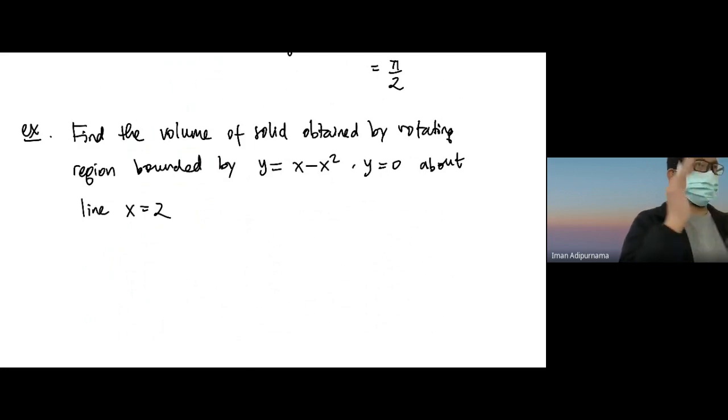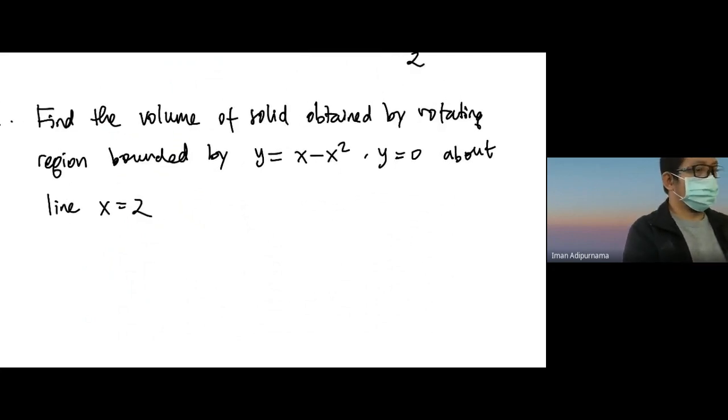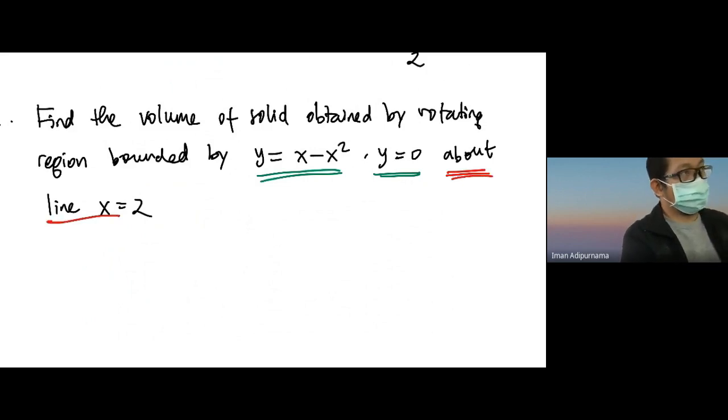Now, to be familiarized, I hope you're already familiar with typical volume questions. Usually they will give you the boundary, which is the curve or the line. And if you see words that start with rotated about, or about line, about the y axis, about the x axis, it means the region is rotated about those lines or axes.